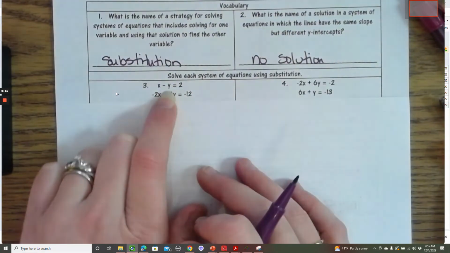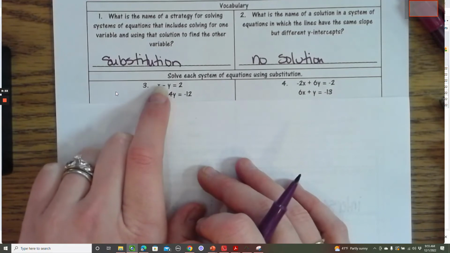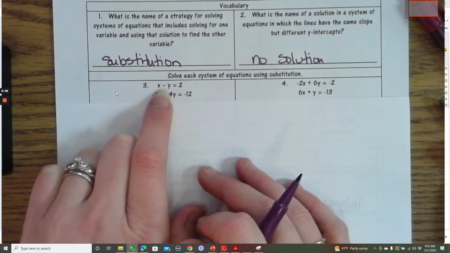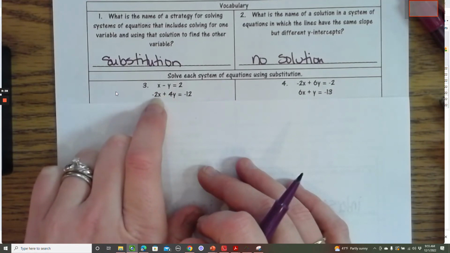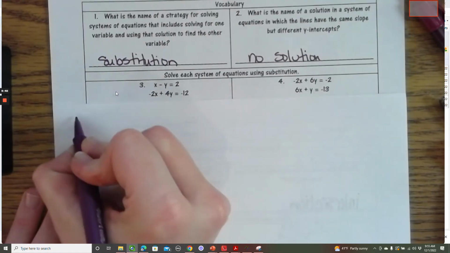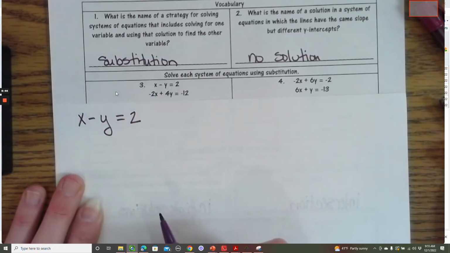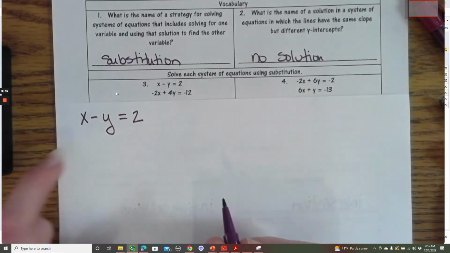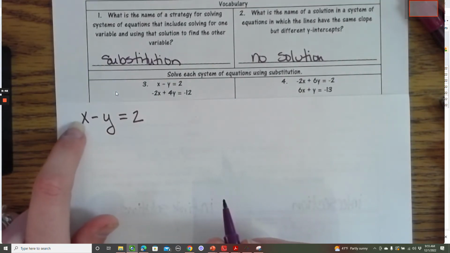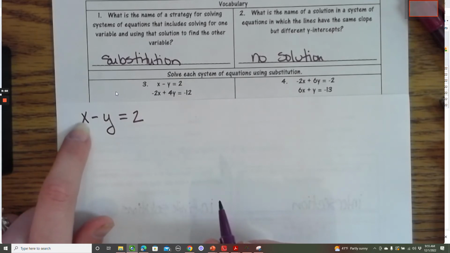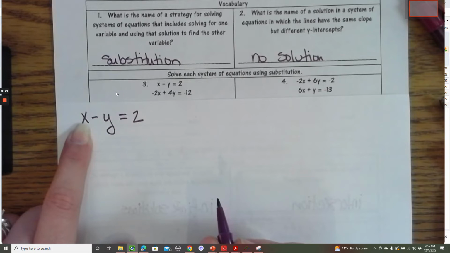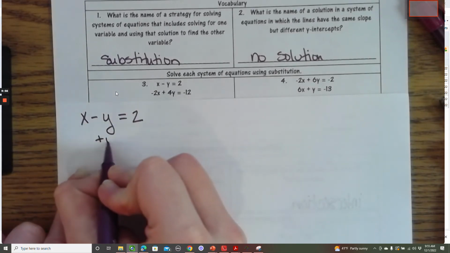All right. X minus y equals 2. If you have one of the equations where there's no coefficient, x minus y equals 2, I can solve for one of those. So I'm going to get x by itself. How would I get this x by itself? Add the y.